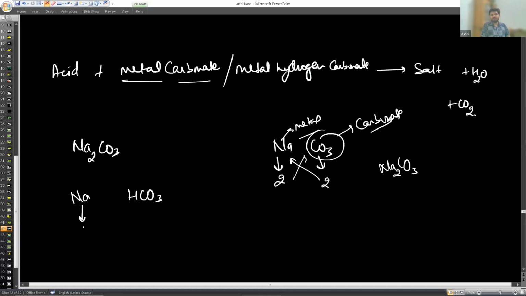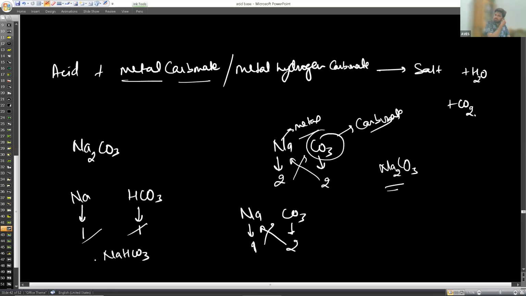The valency of sodium is 1, and the valency of hydrogen carbonate is 1, while that of carbonate is 2. So sodium carbonate has formula Na2CO3, and sodium hydrogen carbonate has formula NaHCO3. Got it? Yes, sir.